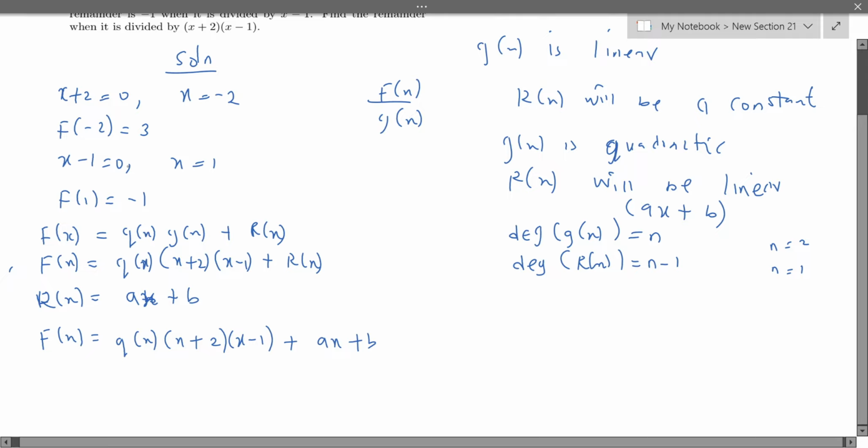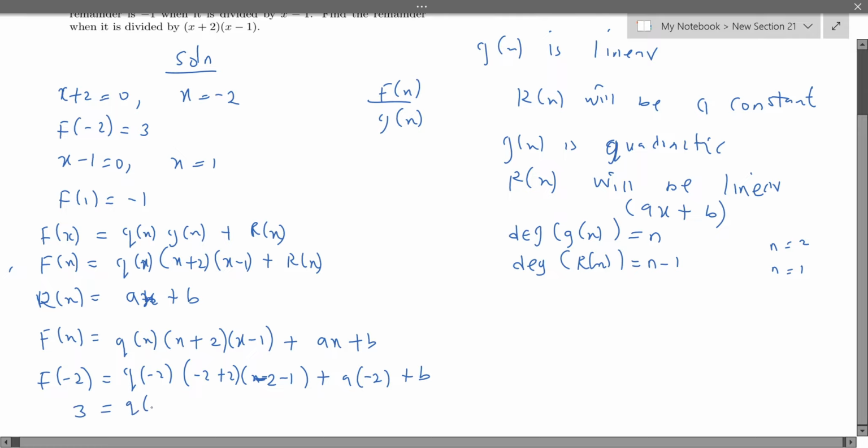So now we can use the given hypothesis. First of all, we know that f of minus 2 will be what? We have q of minus 2, then minus 2 plus 2, times minus 2 minus 1, plus a times minus 2 plus b. f of minus 2 is 3, so you put 3 here.